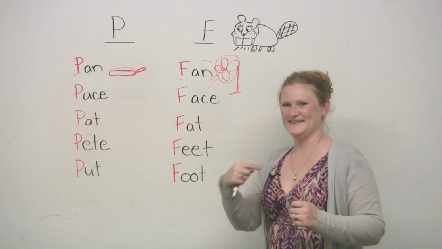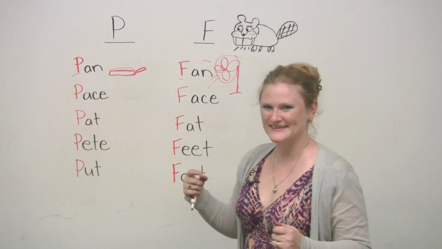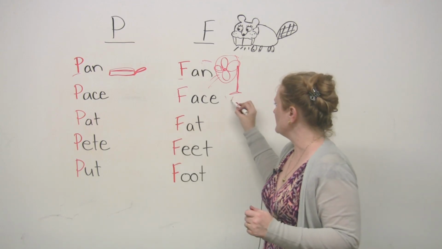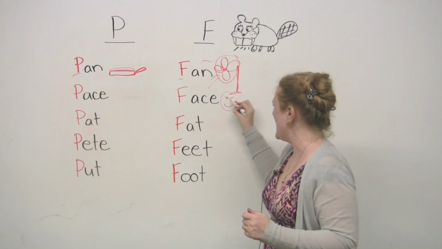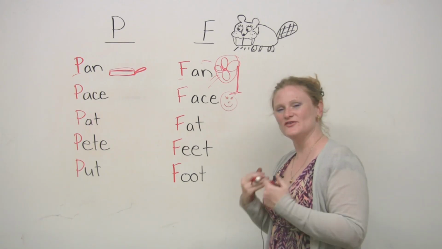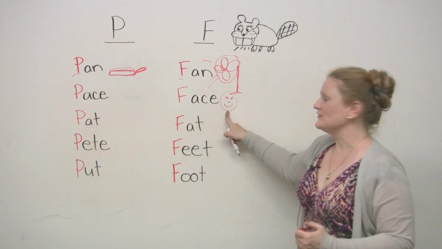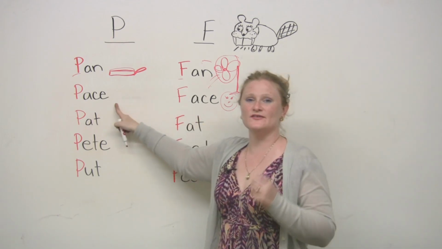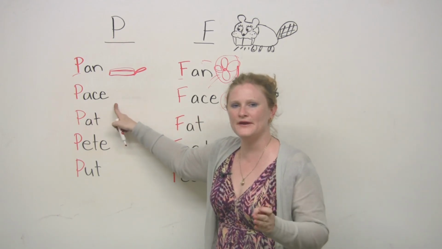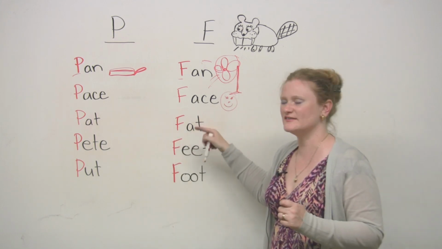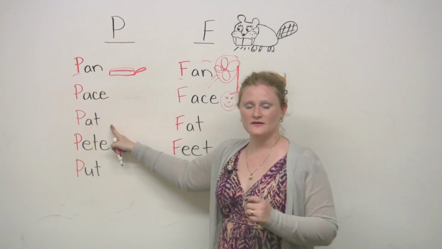Everyone has a face. So, I can draw a picture of a face. Yay! I am such a good artist. Can you tell? My beaver. So, this is a face, and this is pace. Pace, face.